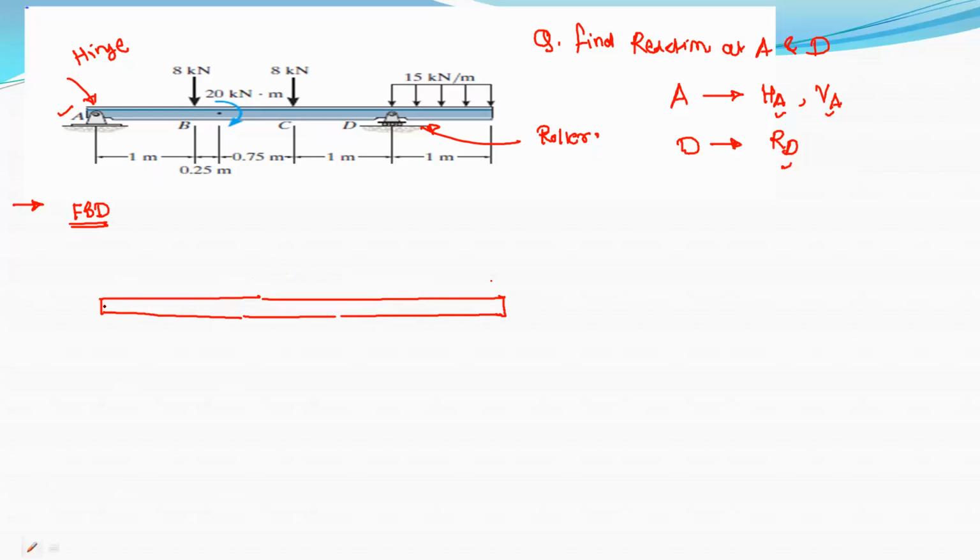Now at point A, it is the hinge support, so this is the vertical reaction VA, and there will be the horizontal reaction HA. Right now we don't know the exact direction of HA and VA, so we can assume HA in the positive X direction and VA acting in the positive Y direction.